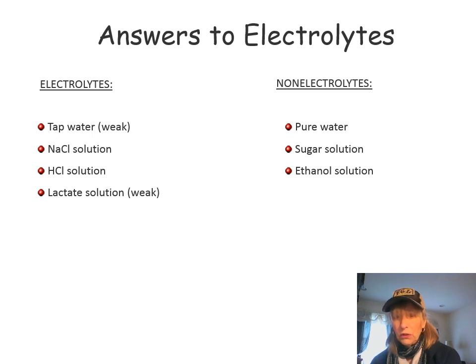It's a molecular compound, similar to that sugar. And then pure sodium chloride, just plain old solid sodium chloride, remember, doesn't have free ions. They're all attracted to one another. They're not free, so it's not going to conduct electricity, so it'll be a non-electrolyte.